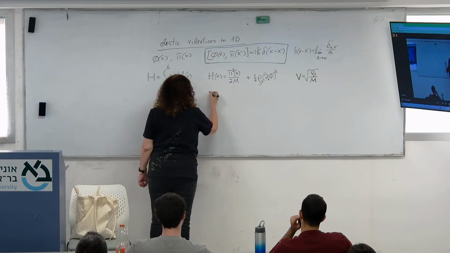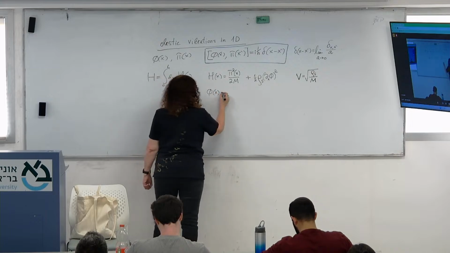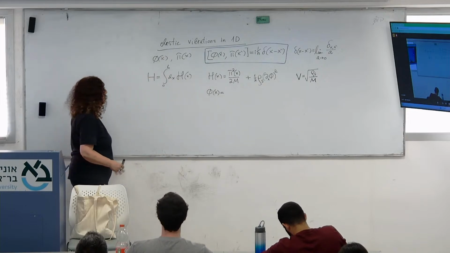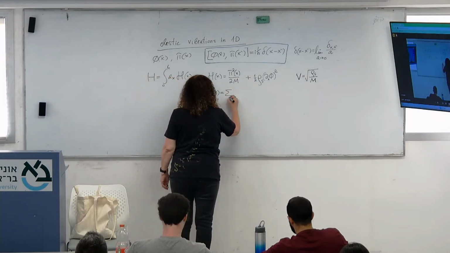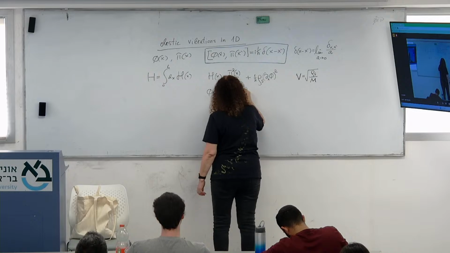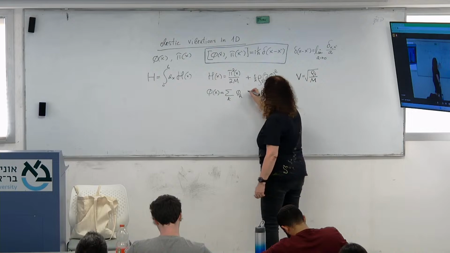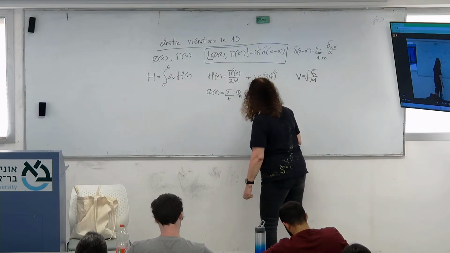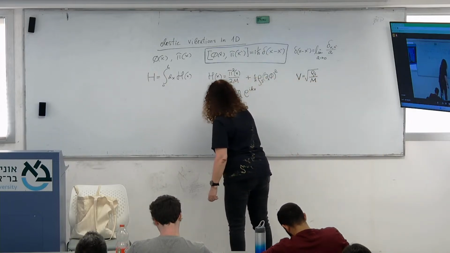So let us do it. What I'm doing now is defining the Fourier transform fields of both the displacement phi and of pi, and I write it like this. I write phi of x as a Fourier expansion. And similarly I do for pi.